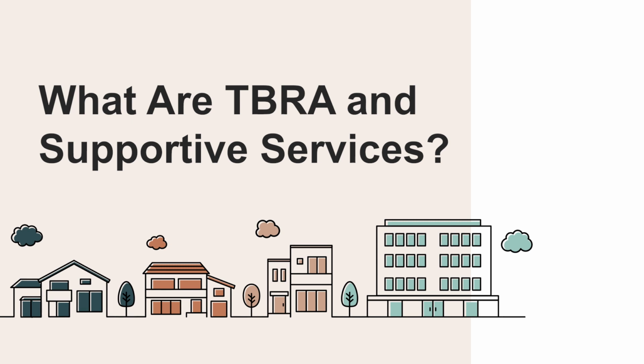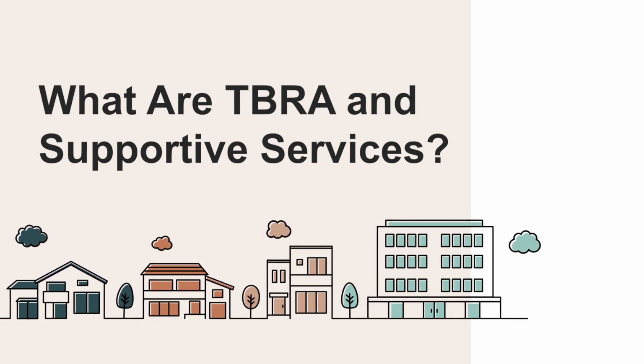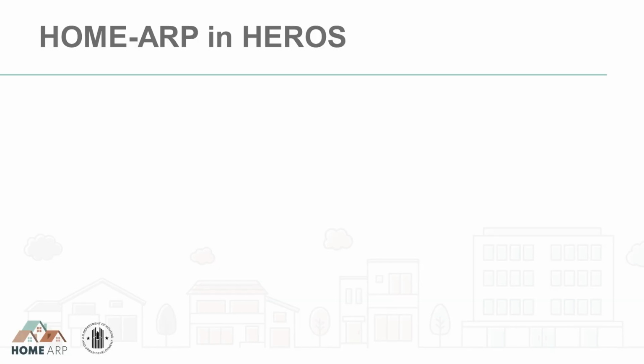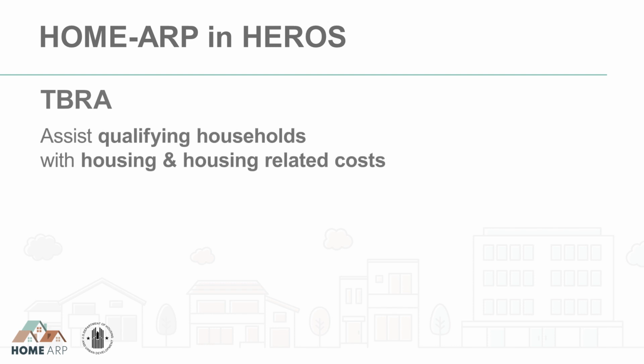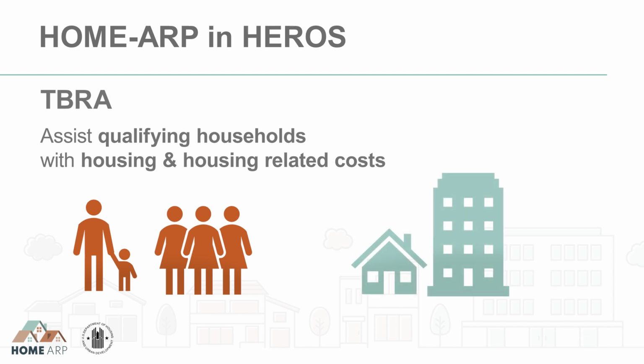As a PJ, you are required to conduct an environmental review for each of your HOME-ARP funded activities, including TBRA and supportive services. HEROS is the most efficient way to prepare and complete your environmental reviews. TBRA activities are designed to assist qualifying households with payments to cover amounts they cannot pay for housing and housing-related costs, such as rental assistance, security deposits, and utility deposits.